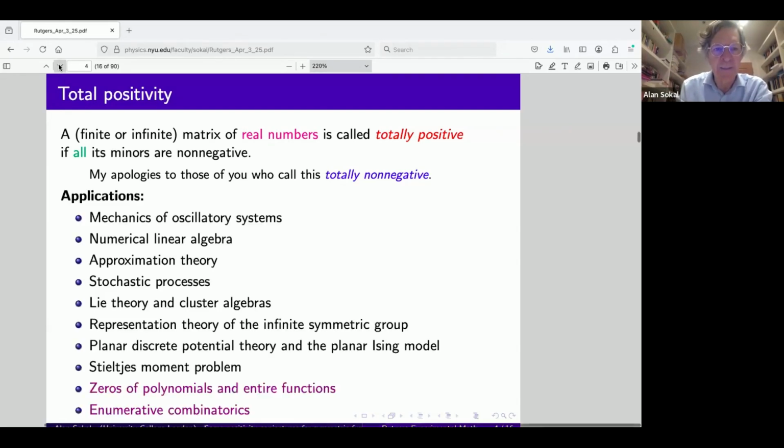And it has lots and lots of applications in mathematics, lots of different areas. As I said, the one that I've been obsessed with for the last 12 years is mostly related to the Stieltjes moment problem. But this afternoon for you, I'm going to talk about two other areas, zeros of polynomials and entire functions that you've just seen, and the relation with enumerative combinatorics.